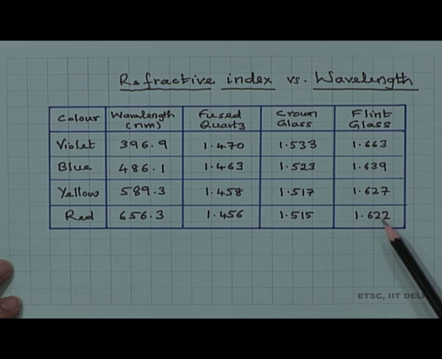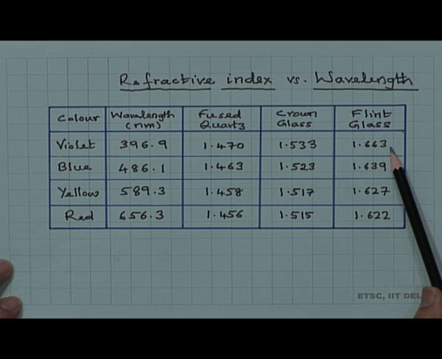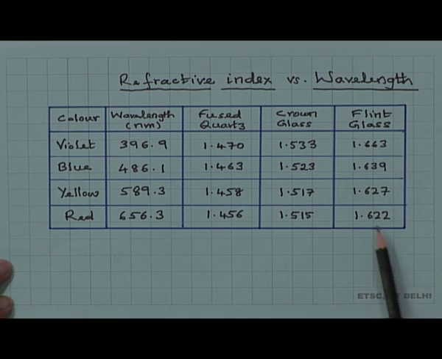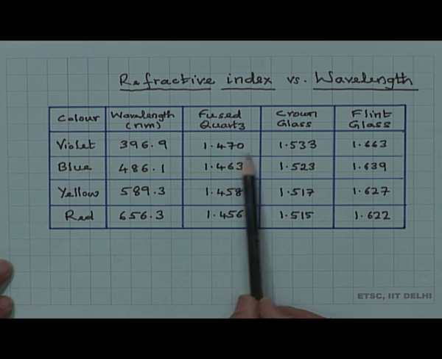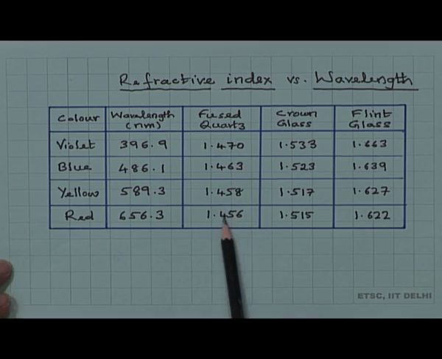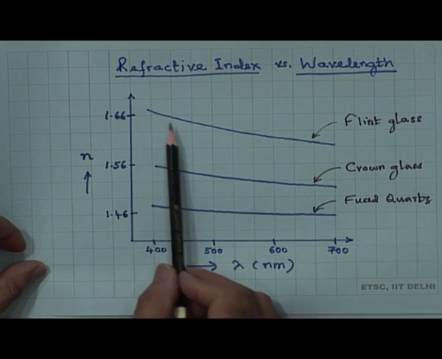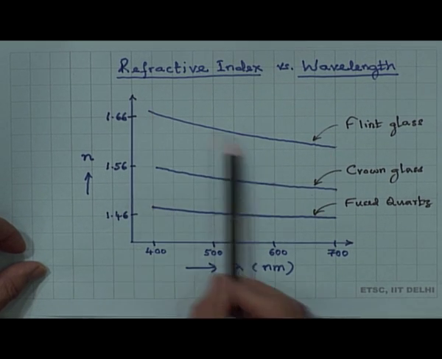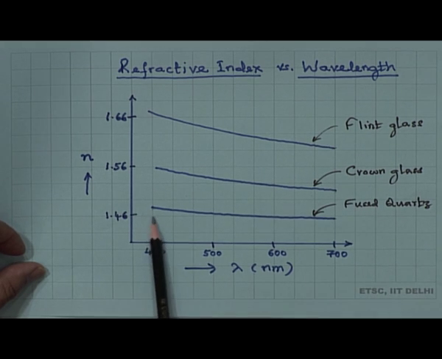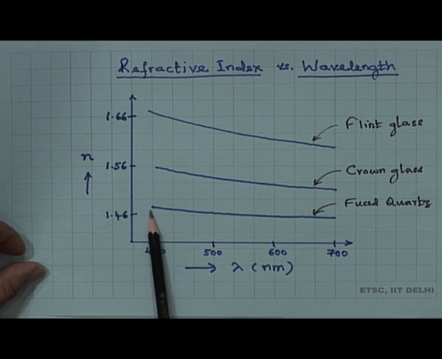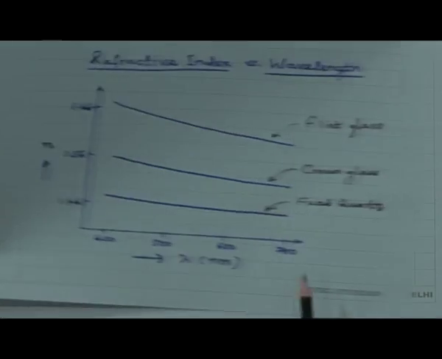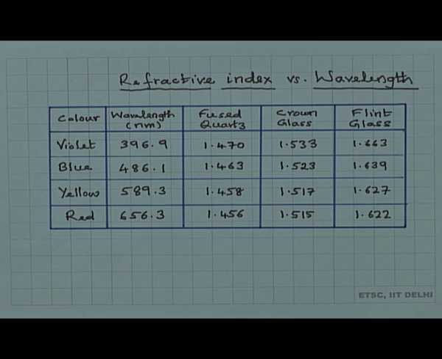That is, 663 to 622 is a change of 41, whereas in this case 470 to 456 is 14. If I keep back the diagram, the refractive index change is large as I go from here to here for flint glass, but for fused quartz it varies very little. That is what the numbers also tell us.